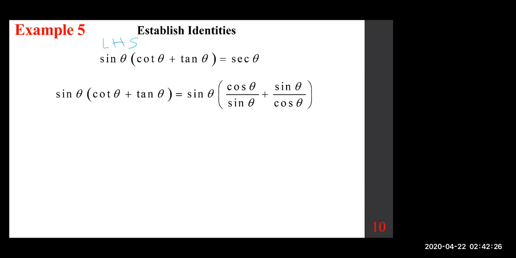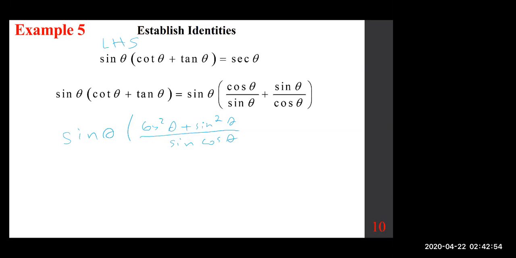So let me actually write those. So we have sine theta, this is cosine squared plus sine squared over sine cosine.